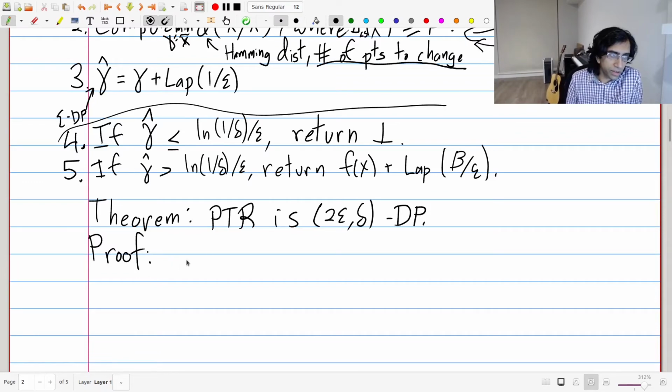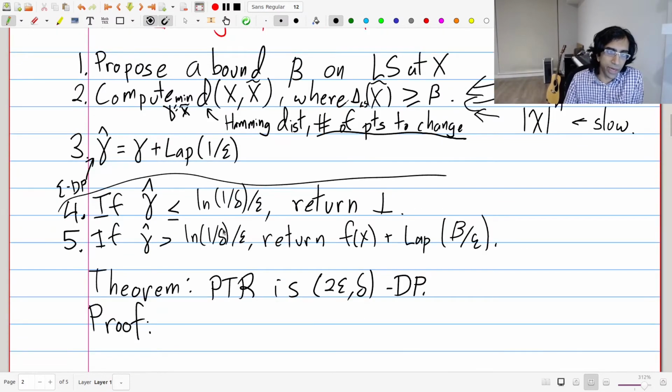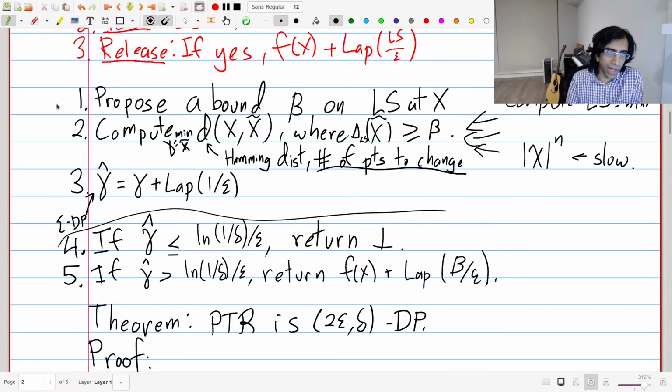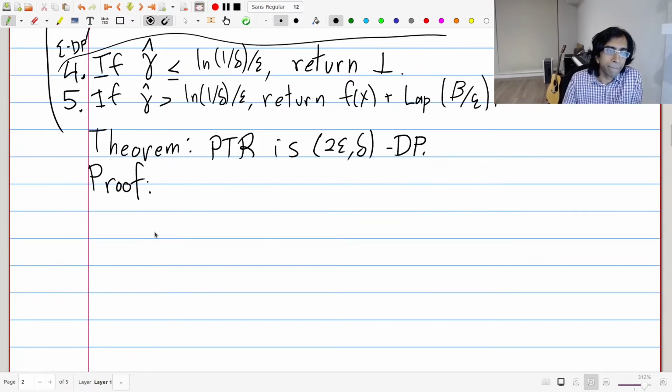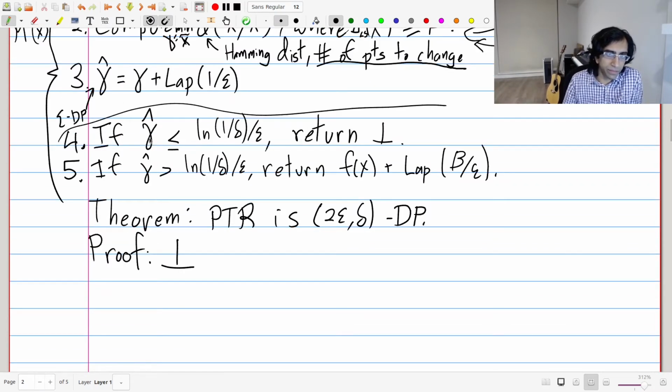The proof starts, first of all, by considering the probability. And for shorthand, we're going to call this overall algorithm M of x, so it's clear what we're going to refer to. First of all, we're going to look at the probability of outputting bot under neighboring databases. This is done deterministically, depending on whether or not this gamma hat passes some threshold.